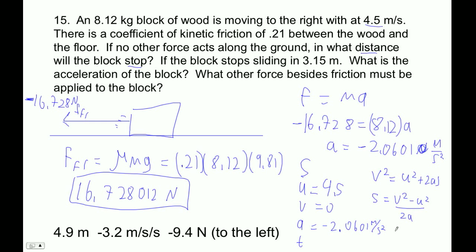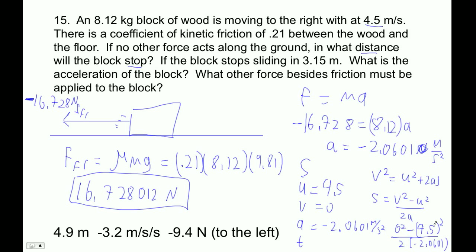Okay, so let's see. 0 squared minus 4.5 squared, and that's all divided by 2 times negative 2.0601. All right, let's see what that is. 4.5 squared divided by 2 divided by the answer I just got.